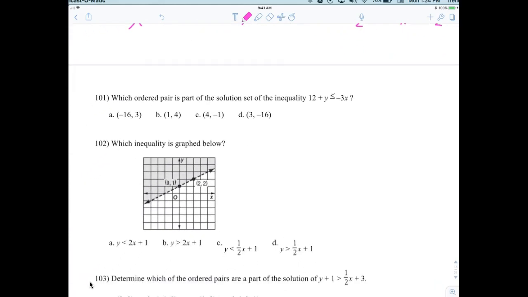Okay, which ordered pair is part of the solution? Just plug the numbers in and see. So I'm going to plug negative 16 and 3 in. So 12 plus 3 is less than or equal to 48. Is that true?